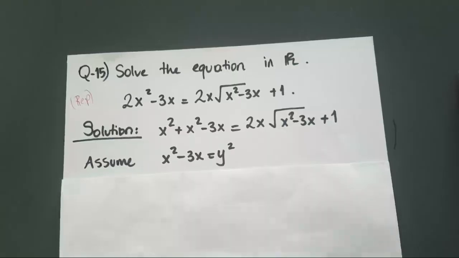How is it the square root of, sorry, I couldn't read it, the square root of x squared minus, no, x to the power of 2. This is my 2.